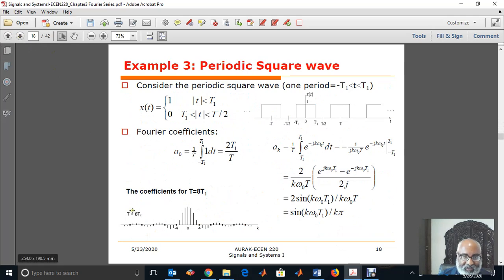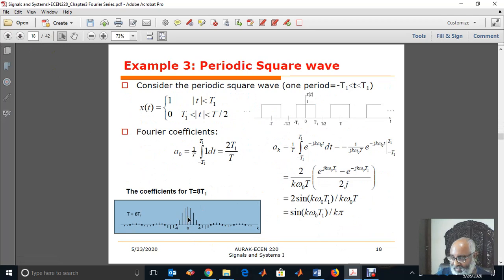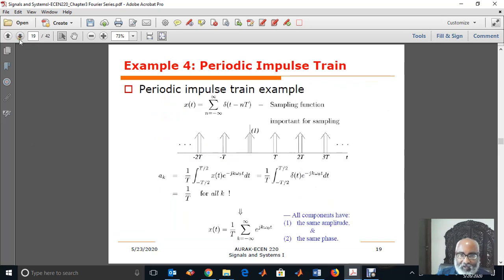This is a sinc function. That's what I said. When you plot it using MATLAB as a function of k, it is a discrete version of the sinc function. So you can do this one by yourself.